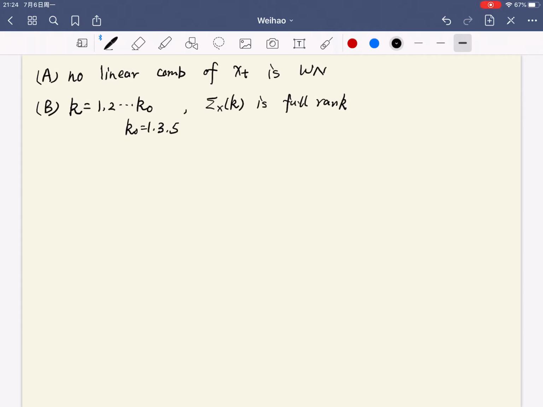And assumption B tells us that k can be any number in 1, 2, 3, 4 to k0.